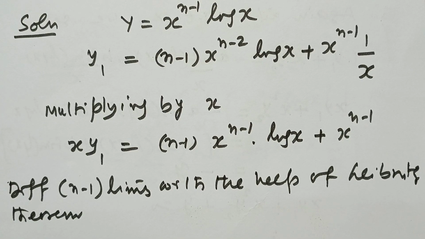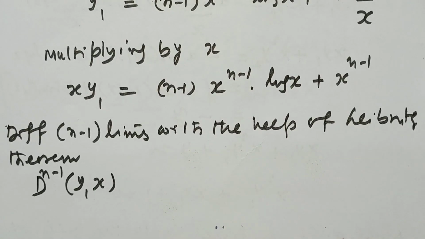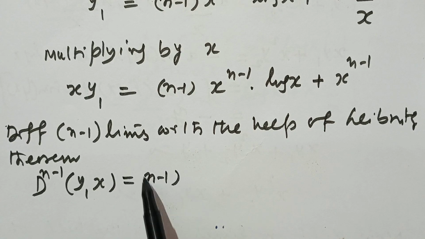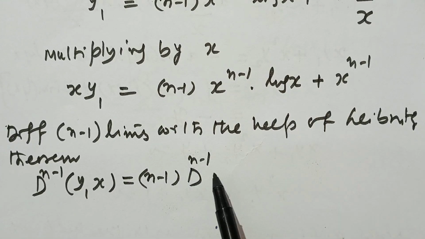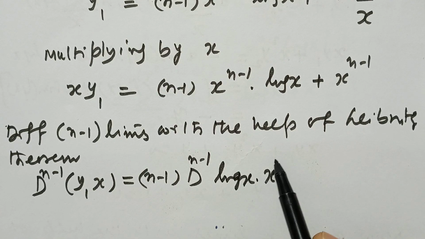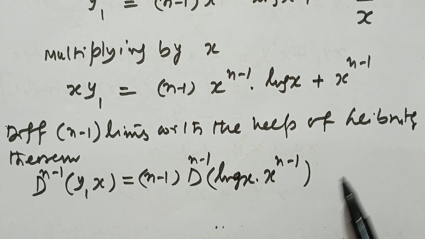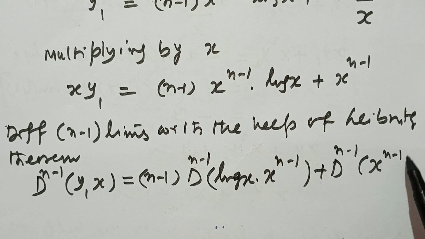As we know the formula for d^n of uv, we will write d^(n-1) of uv. Whenever x is a product, x is the second function, and here n minus 1 is a constant, so d^(n-1) of log x times x to the power n minus 1, plus d^(n-1) of x to the power n minus 1.